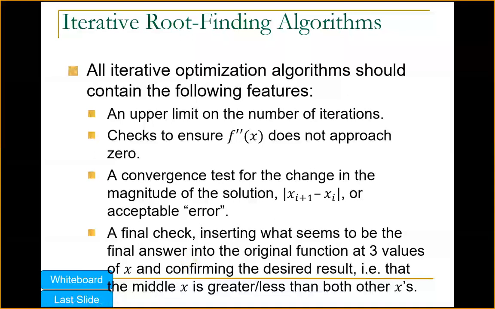The middle value must be your answer, and the two other values must be to the left and to the right of the answer. You should plug those values into your function, and the two outer values should always be both either higher or lower than the middle value. When that is the case, then you can say, okay, it's a minimum or a maximum.